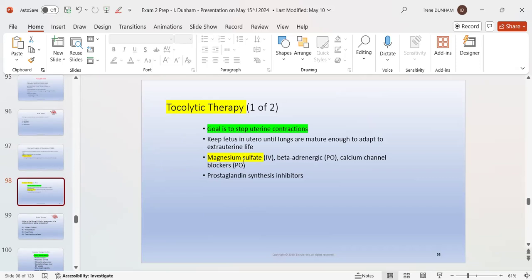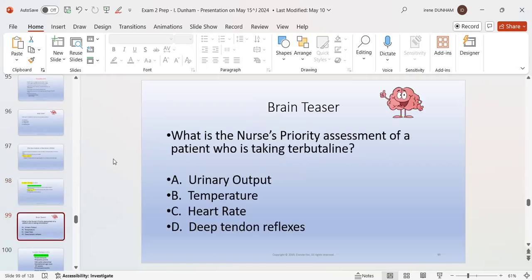And therefore, it will do good to stop the uterus from contracting. We don't want this lady to deliver, so we'll give her magnesium sulfate. You have to monitor just like you normally would. You've got to watch your reflexes. You've got to watch your respirations because you don't want to give too much, because then what? You've got magnesium sulfate toxicity.